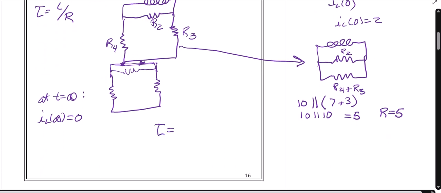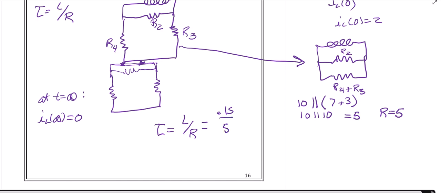So tau equals L over R equals 0.15 over 5, which is 0.03. 1 over tau is 33.33.